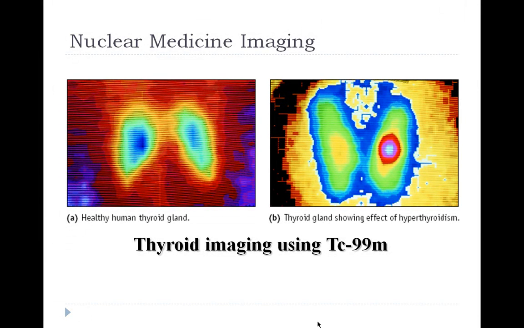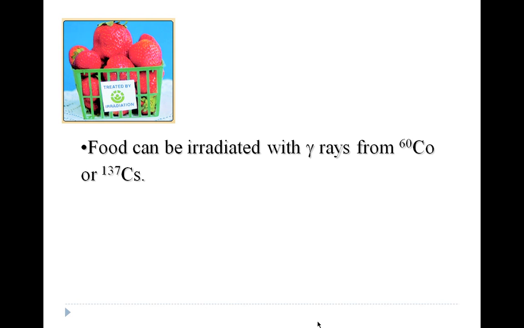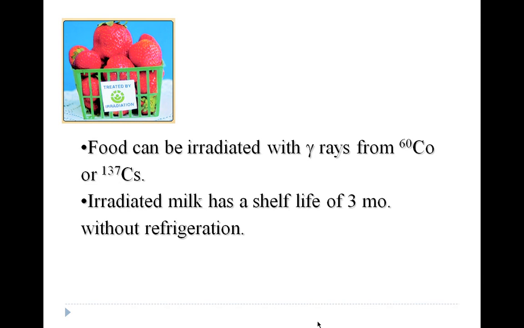Now, nuclear medicine imaging. We actually use radioisotopes to be able to identify glands and be able to get images out of our body. Another application is treating cancer with high energy electromagnetic radiation, ionizing radiation to kill tumors. Also, we treat foods occasionally with irradiation, which is from gamma rays that come from cobalt-60 or cesium-137.